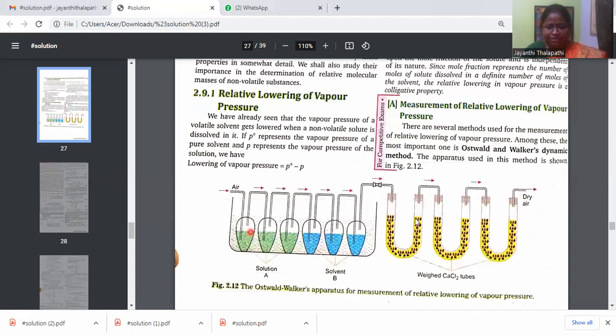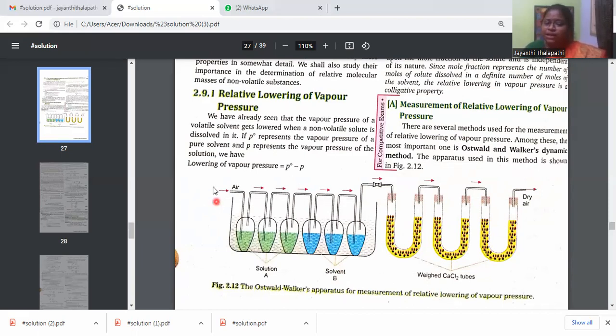See this apparatus setup. This is called Ostwald-Walker's apparatus for measuring relative lowering of vapor pressure. Here there is a set of 3 bulbs which contain solution A, and another 3 bulbs which contain solvent B. Then we have U-shaped tubes filled with calcium chloride. What is the use of calcium chloride?